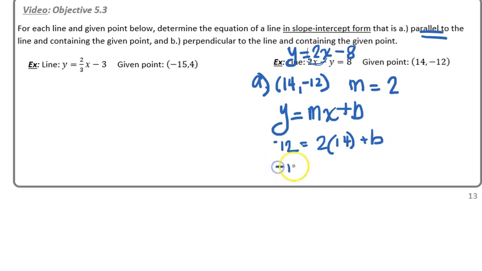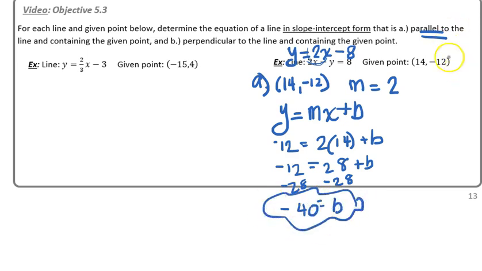So now we have negative 12 equals 28 plus b. So when we subtract 28 from both sides, we will get negative 40 equals b. So now we have b and we have m.